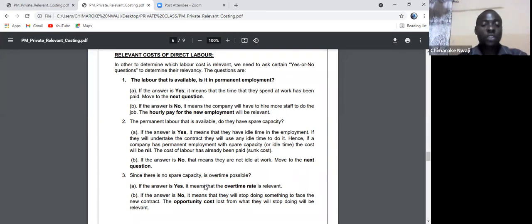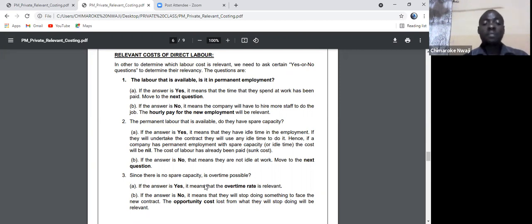the relevant cost is always nil. Why is it nil? And why is temporary employment not nil, but permanent employment is nil? This is because you can never allocate idle time with temporary employment. You pay them per hour. And so if you see them idle, you will not pay them for that time that they're idle. For permanent workers, you are paying them for doing nothing.